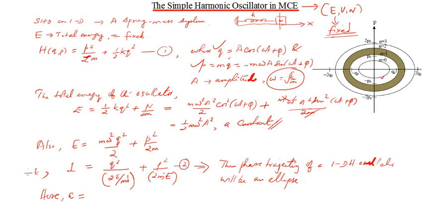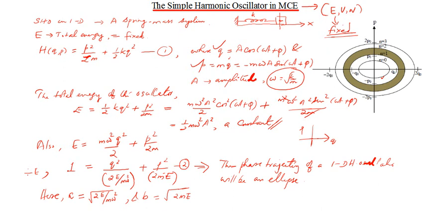We take q in the place of x, so whatever is in the denominator is a square. So a is equal to root of 2E divided by m omega square. That is the semi-major axis, and the semi-minor axis is of course root of 2mE.